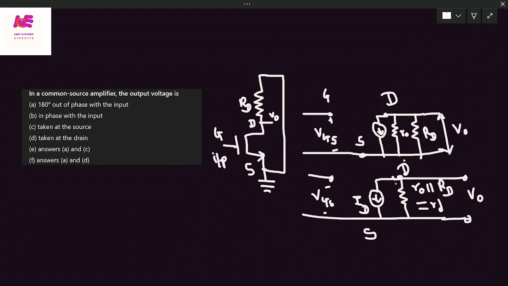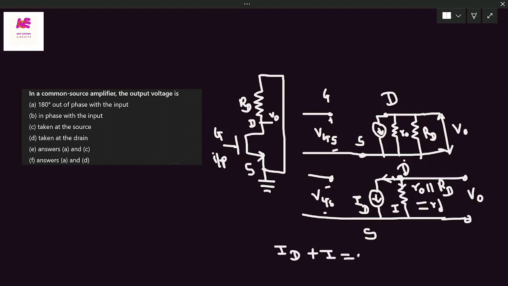Now we are considering the node at the drain terminal. This is the node. ID current is leaving from the node. Same way, the current flowing through this, as I say, this is I leaving the node. And as per the KCL, what we are getting is ID plus I equal to 0, which means that the summation of currents leaving the node is equal to the summation of currents coming to the node.